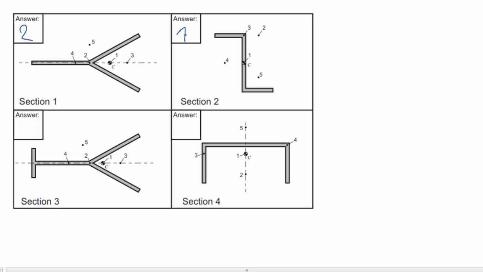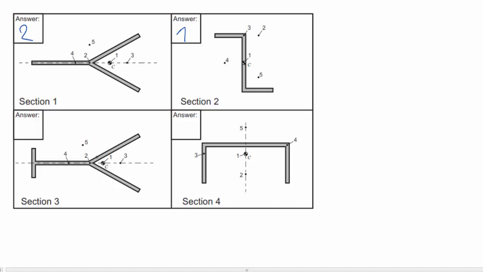Now for section 3, we notice that it is the same as section 1 with the addition of a small tail. The symmetry axis is still the horizontal axis, so we know that the shear center will not be on point 5. Now, if we would apply a vertical shear force on this section, we know that the shear flow in the little tail will be in the same direction as the shear force that we apply.